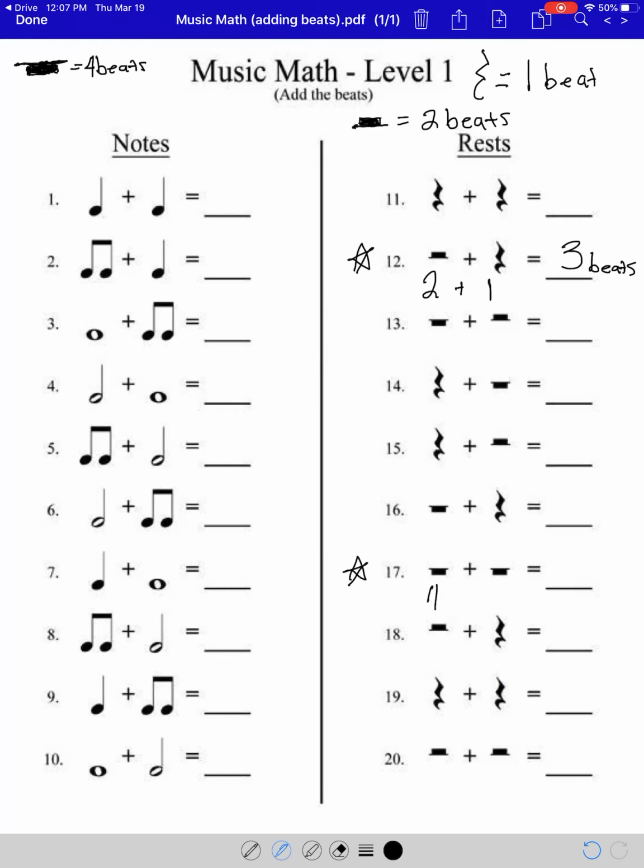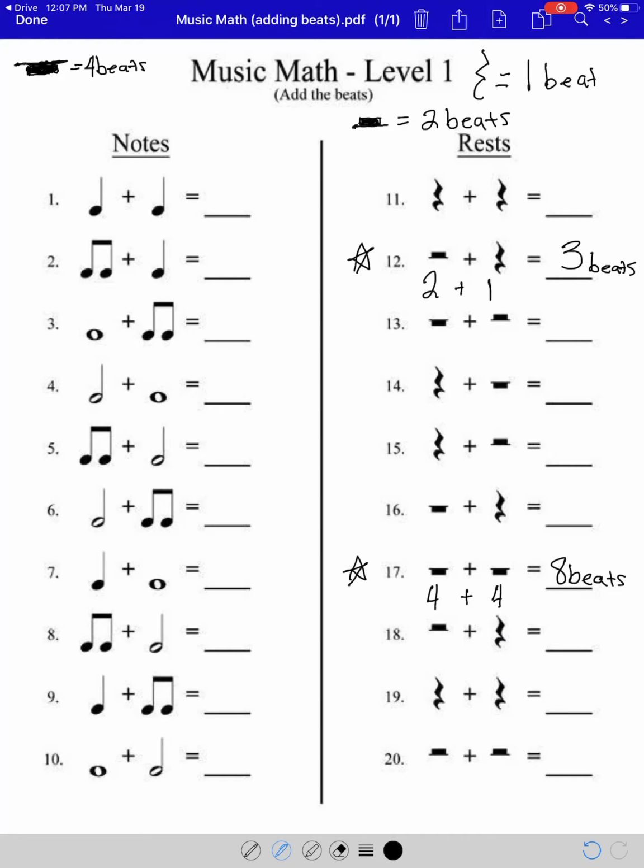So 4 plus 4 is, drumroll please, 8. 8 what? 8 beats.